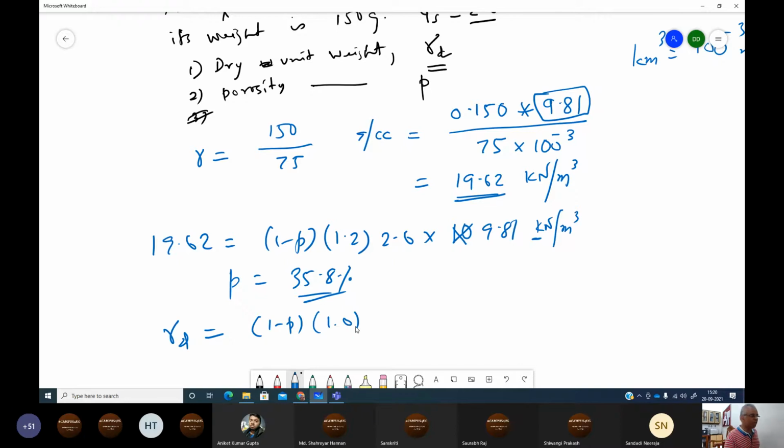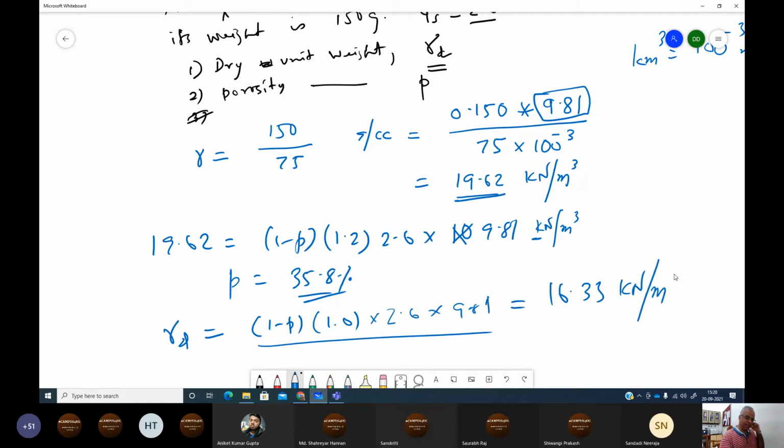Now you will put 1.0 because it is dry. Porosity remains the same, into 2.6. This is about 16.33 kilonewton per meter cube.